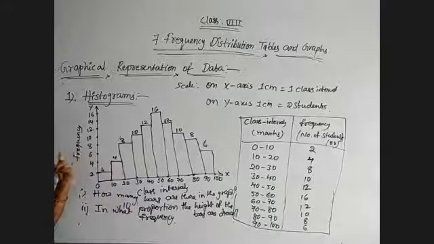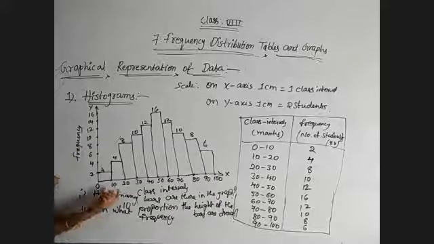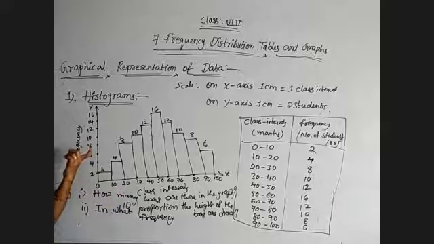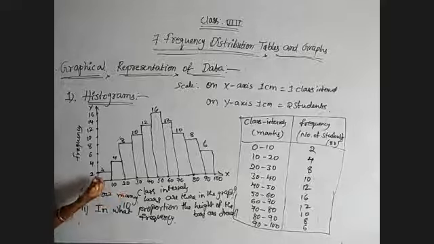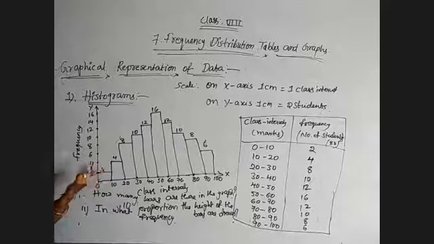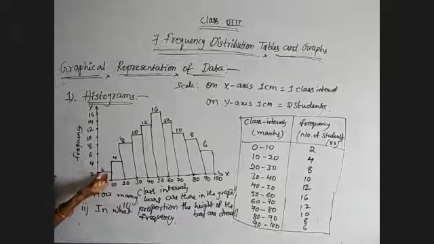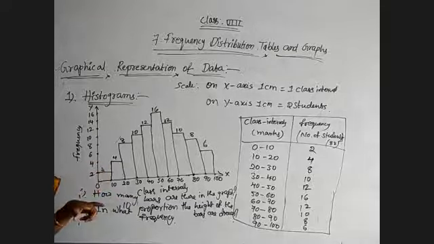Bar graphs we have studied for ungrouped data; now it is for grouped data. In histograms, we have to use exclusive class intervals only, and the heights of the bars depend upon the frequency of the data. Next, the width may sometimes be equal and sometimes not equal. We will see that later with an example.